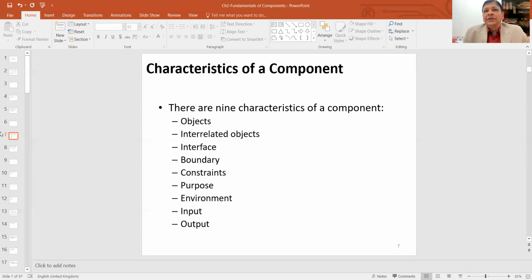Then purpose. We always develop a component or system with some specific purpose, objective, or goal, like transaction, inventory, payroll, attendance, customer relationship management system, supply chain management system, logistics support system, HR system, office management system.